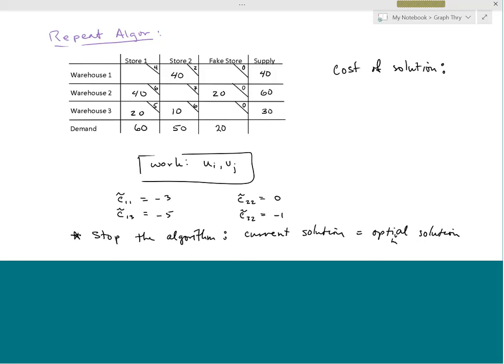And part of that is because you can actually put these type of tableaus into spreadsheets. And there's add-on packages both for Excel as well as specialized software themselves. Now, do they do it by hand? No. But do they have a computer or an add-on package that helps them? Yes.